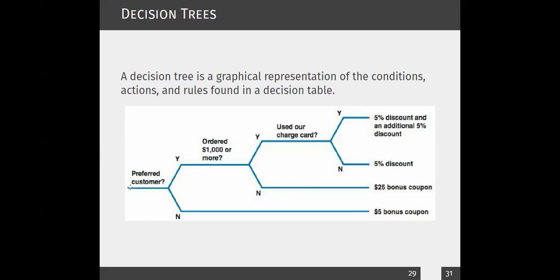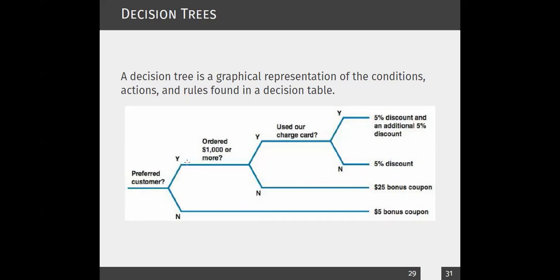And if the customer is a preferred customer, and has not ordered 1,000 or more, it will be 25 bonus coupon. So you can see that you don't have to check that again here, right? If you compare our answer from the previous one with this one.